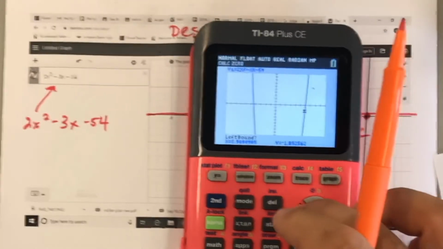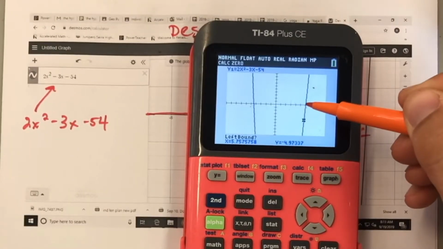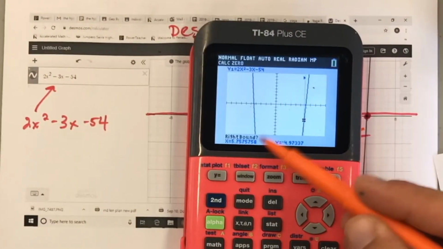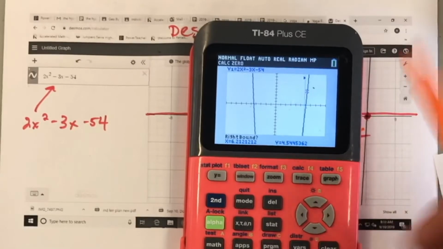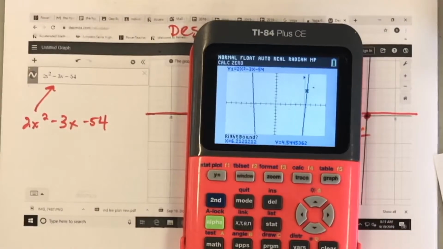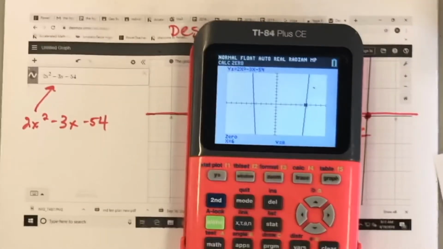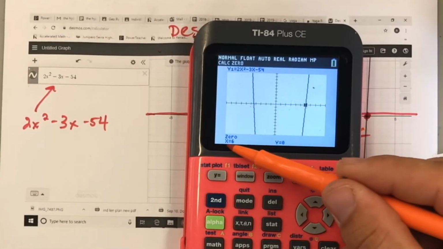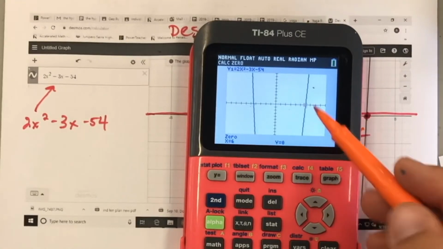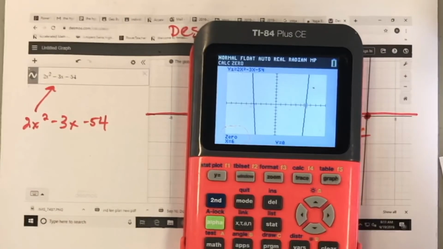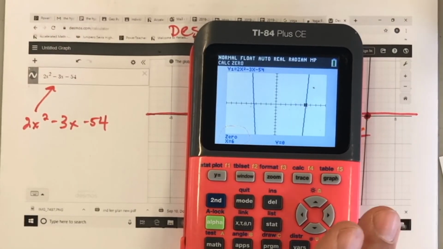So when it says left bound, you wanna put the cursor to the left of the intersection, enter, right bound, put it to the right of the intersection, and then hit guess, it does that, and then here's a 0. Again, it gives me x equals 6 as my 0, so I'm able to do that here on the calculator. I know I just drew on the calculator, I'll wipe that off there in a sec. So that's another way to find your 0.